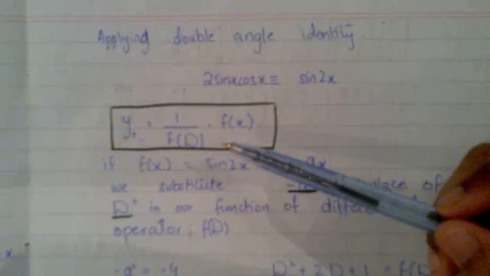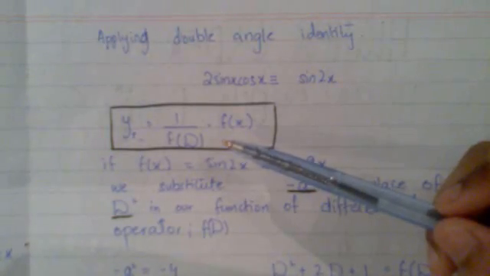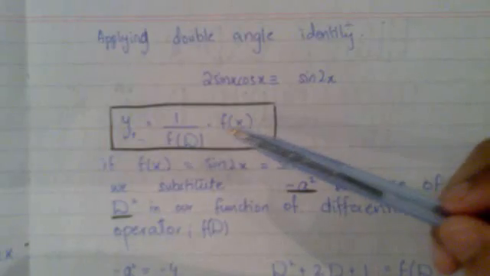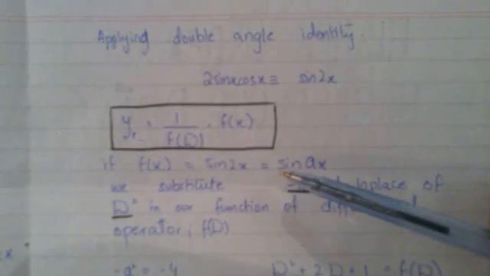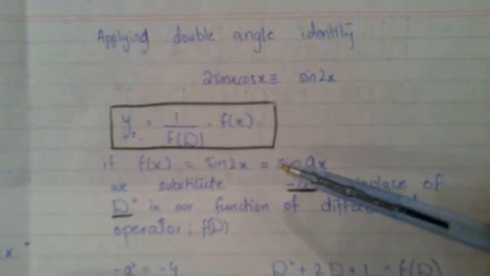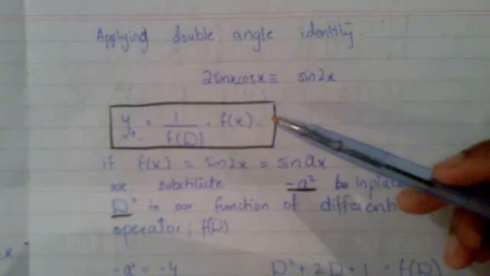Now we will find our particular solution. For the particular solution, we know that the function of x will be divided by the function of the differential operator. But there is one more thing we have to do, because our function is trigonometric.